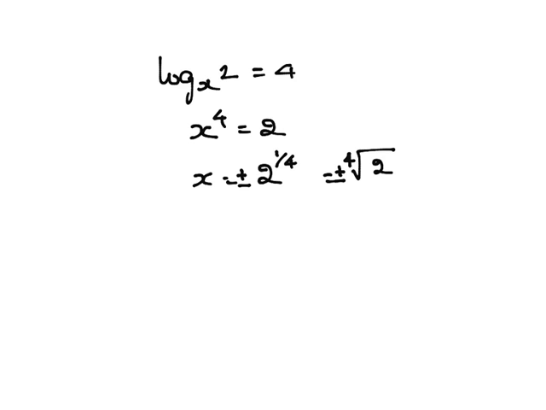That's the answer. But we'll see later that the base that you see here can never take a negative value. It cannot be negative. We'll see later why it is so. So which means that x has to be plus 4th root of 2. The minus 4th root of 2 is not possible. So you can even safely say that you need not write plus or minus, but fine. I'll explain later why x cannot take the negative value.